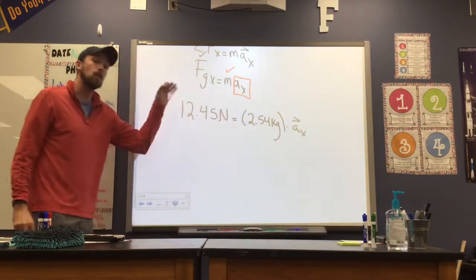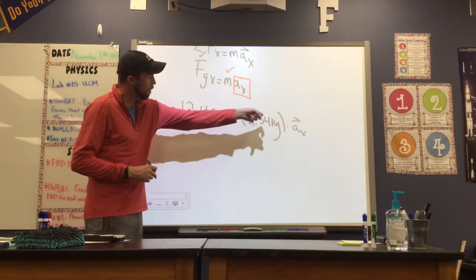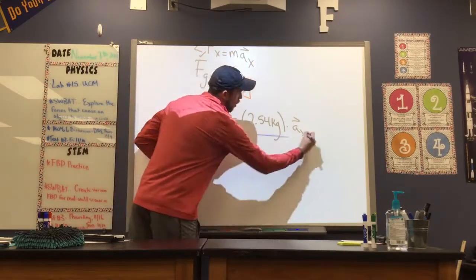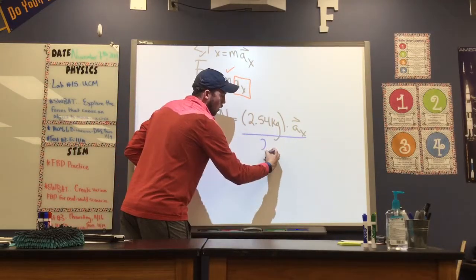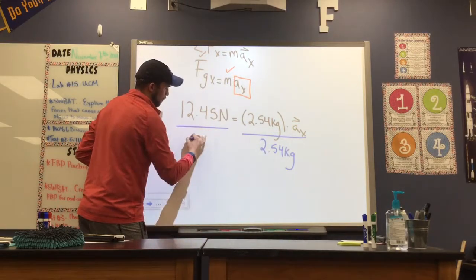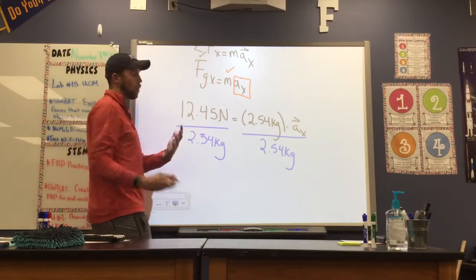To find the value that we're looking for, our acceleration, we need to do a little bit of work here. I'm going to need to move this 2.54 kilograms to the other side. Since it's multiplied, I'm going to divide by 2.54 kilograms on both sides of our equation.